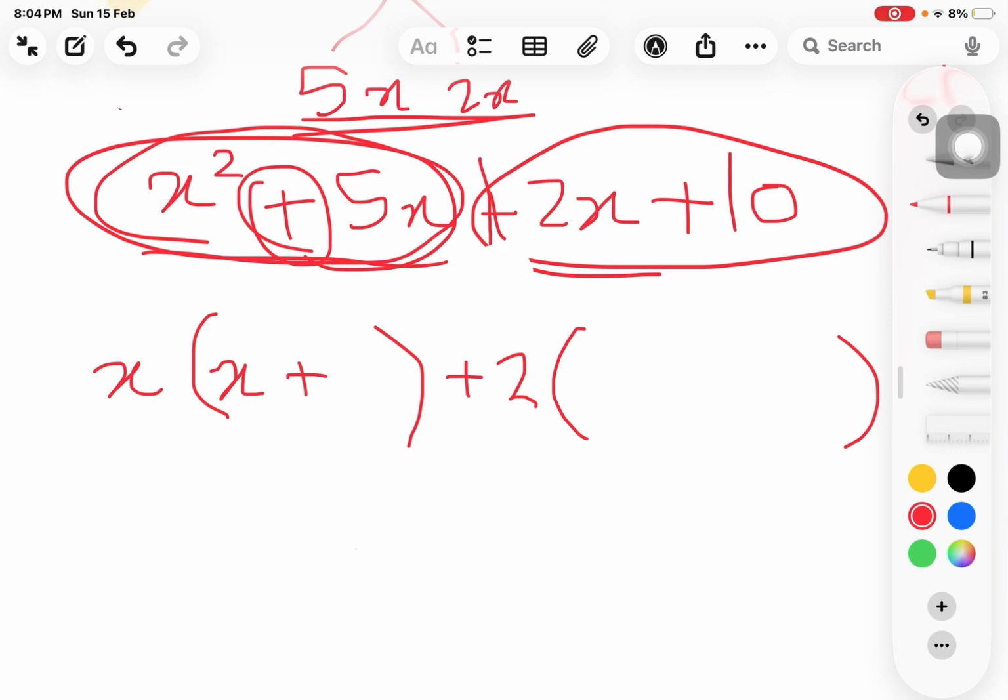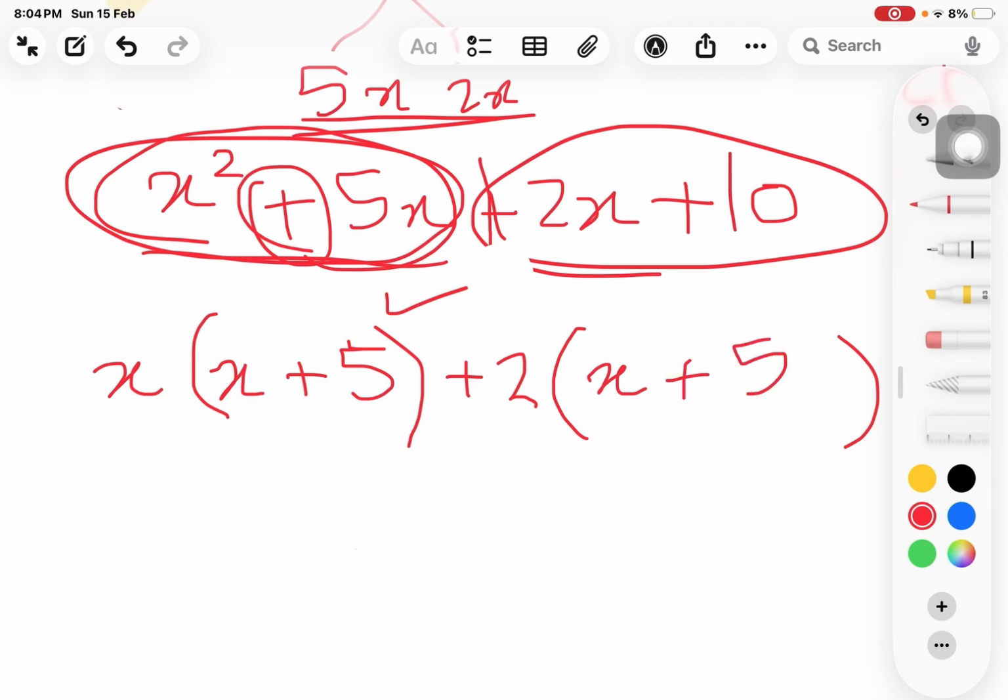Correct, 5. We have done the first part, and that's correct. Let's go to the other part. 2 times what gives you 2x? Like always, x. 2 times what gives you 10? Correct, 5.